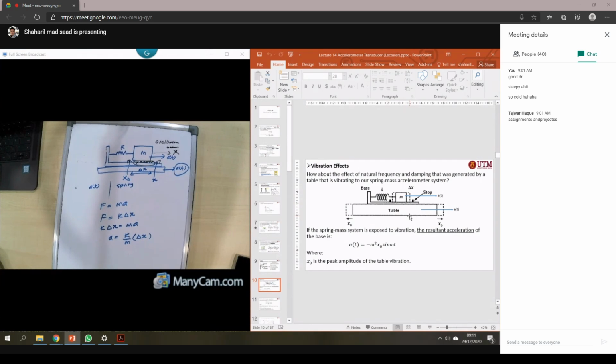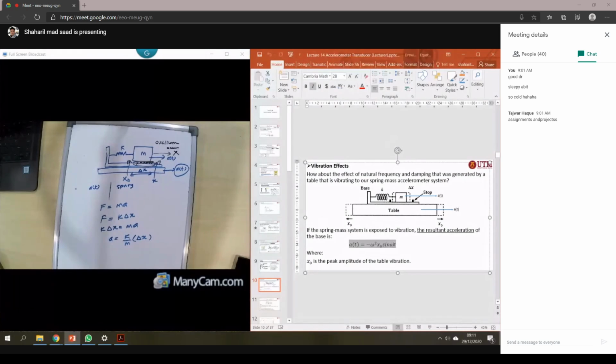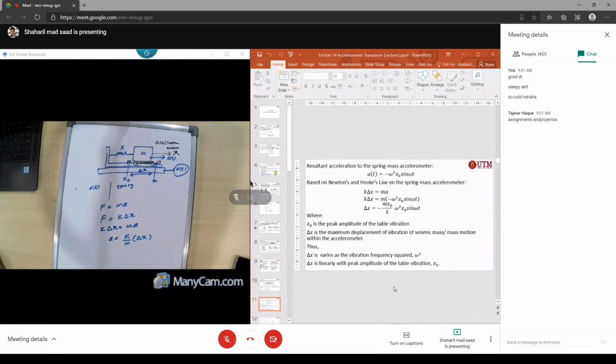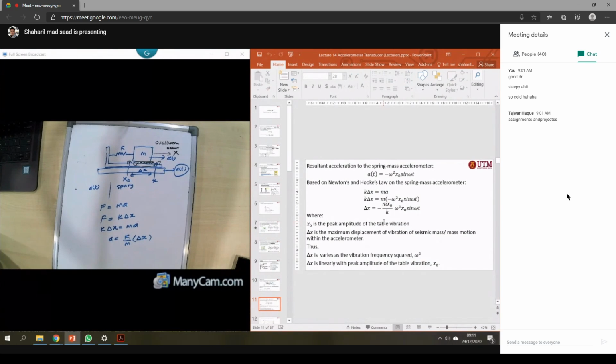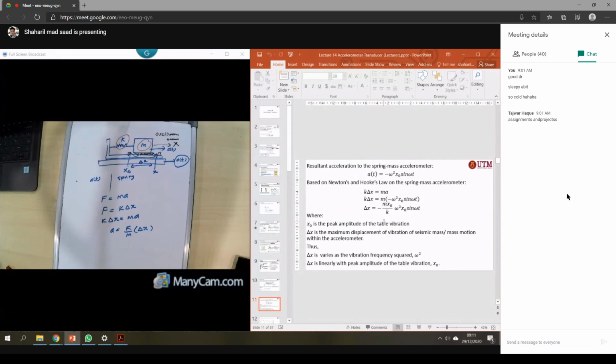For example, the acceleration on the table is given to you as minus omega squared x naught sine omega t. So from this one, you can find the relationship between the spring of your sensor here, and also the mass of your sensor here. The relationship gives you the delta x equal to minus m over k times omega squared x naught sine omega t.